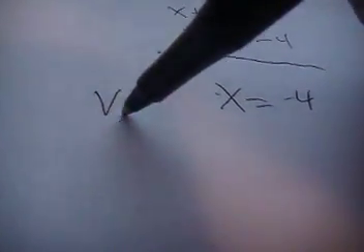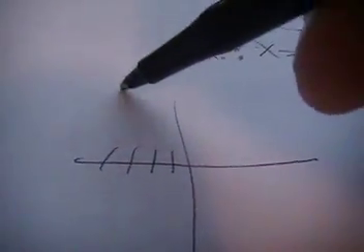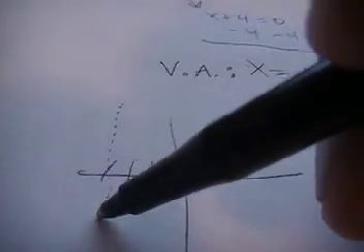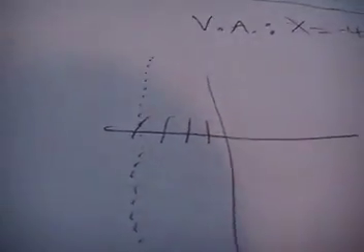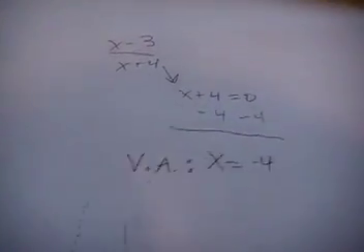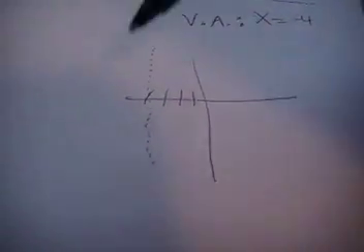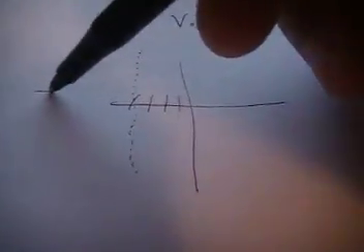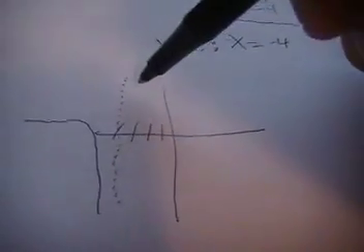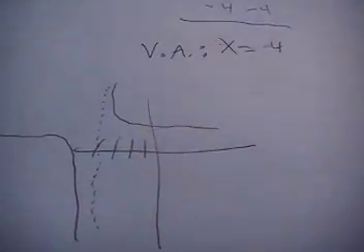So I just call this VA for short, vertical asymptote. So at x equals -4, there would be a vertical imaginary boundary, just from this information alone. We're not going to graph these at this point, but the curve would come something like this, and then there'd be another one up here like this.